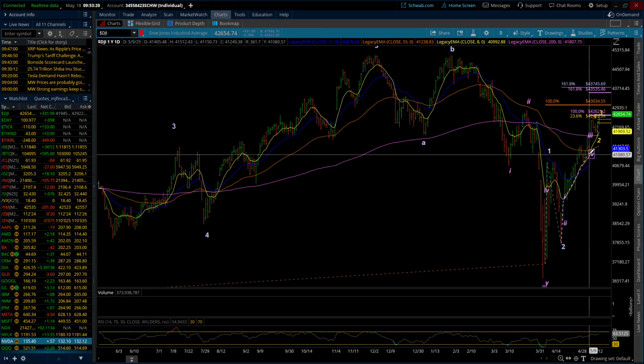So I think, yes, these pullbacks are likely. I'm calling for them as we finish up this minute third wave. But what comes after is, of course, a recovery in a minute fifth wave up. And that's the one that I think is going to take all the indexes, the NASDAQ, the S&P, and the Dow, up to new all-time highs.